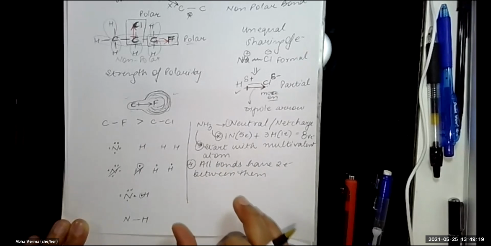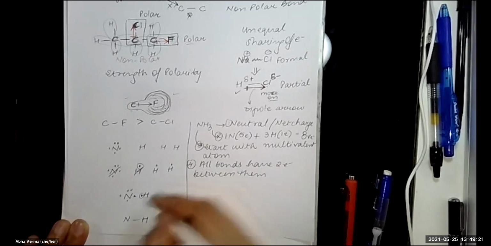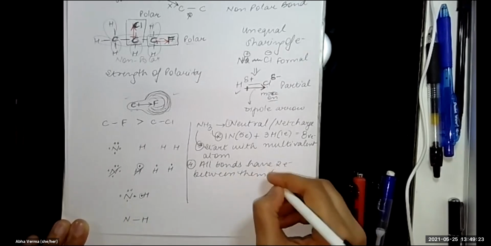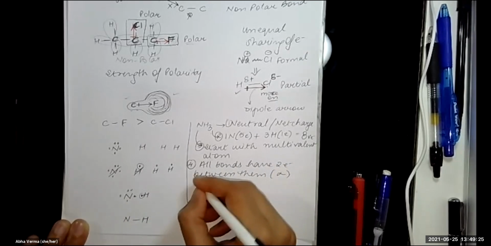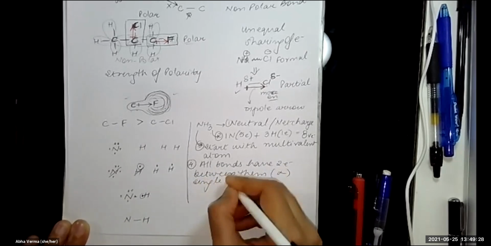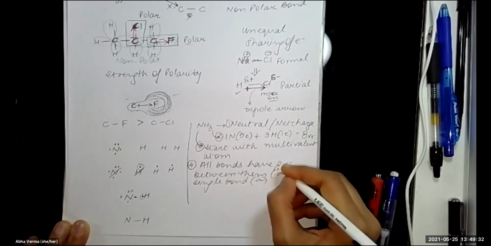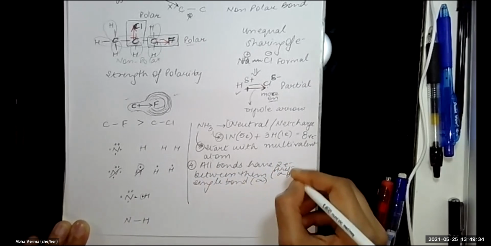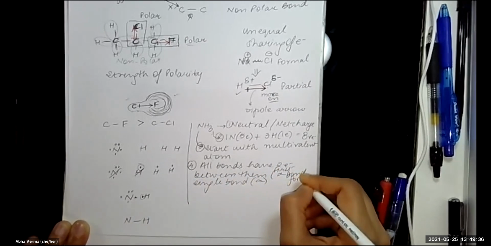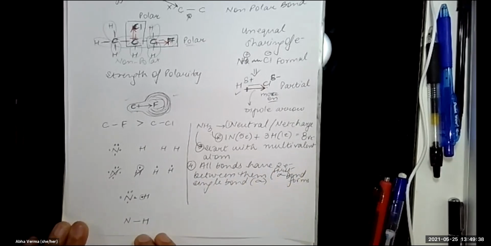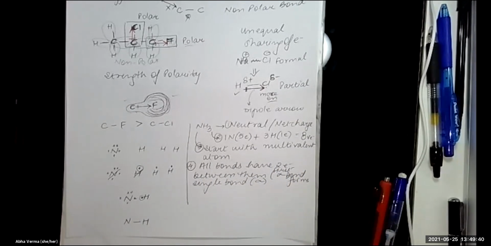The first bond that forms between any 2 atoms is known as the sigma bond. So the single bond is the sigma bond. First sigma bond forms. And there is a probability that you can have more bonds.